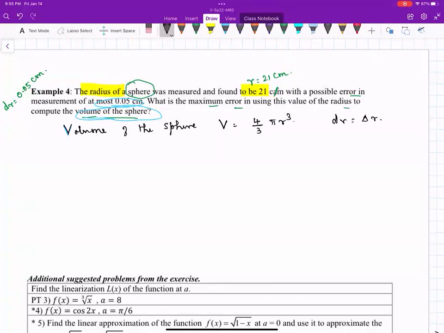So if the error in the measurement of the value of r is denoted by dr, then it would be the same as delta r.